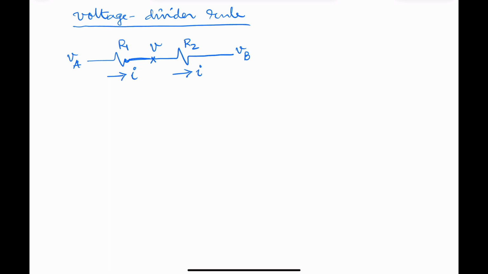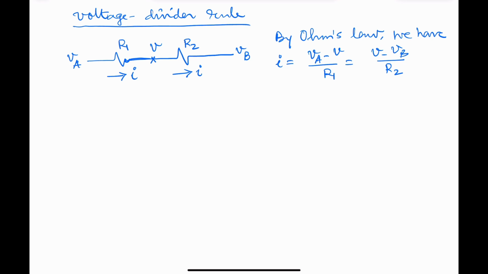So by Ohm's law, we can write I equal to (VA minus V) upon R1, and this is also equal to (V minus VB) upon R2. We have to find the value of V. So we shift V to one side of the equation and the remaining terms to the other side.